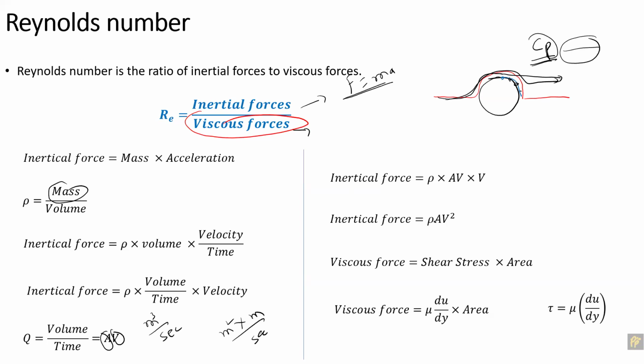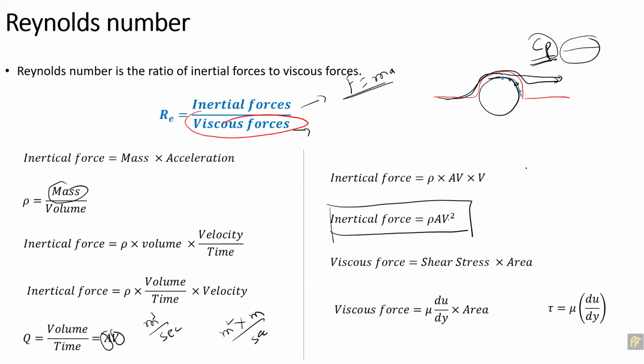So inertial force is rho A V square. Okay, so we have derived the formula for the inertial force.